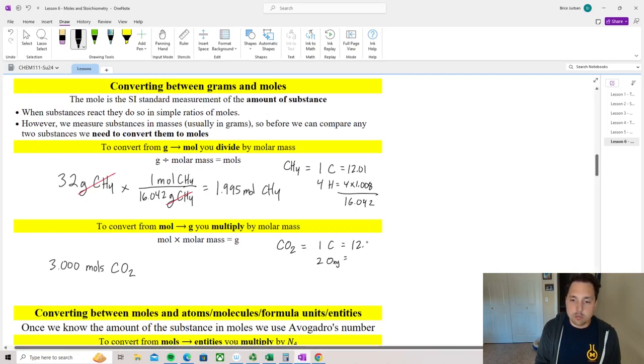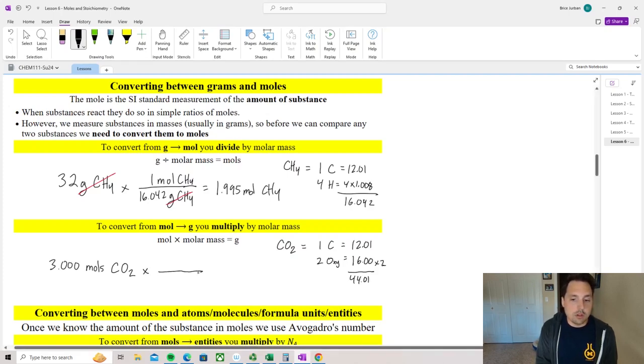So carbon is 12.01. Oxygen is 15.999. I always just round it to 16.00. Okay, so that's like times 2. So 16 times 2 is 32, plus another 12 gives us 44.01.